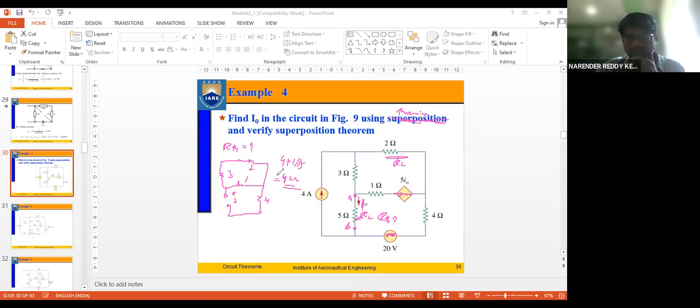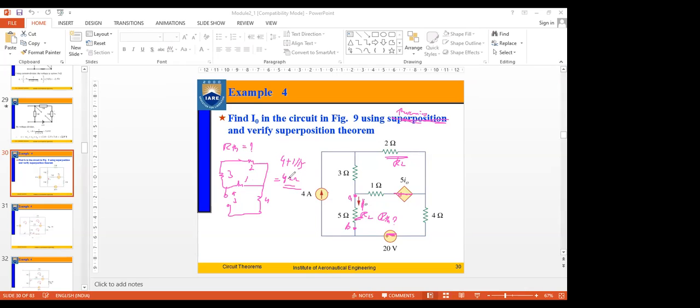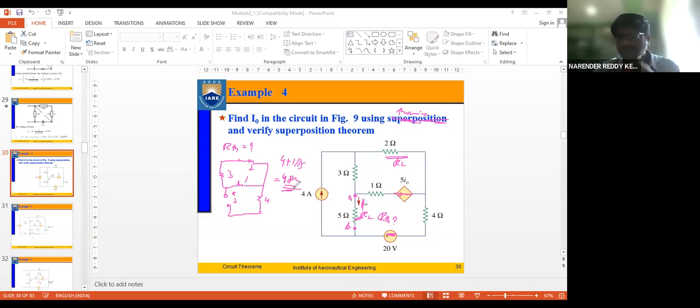What is the equivalent of this RTH? Is that okay? It was 5 by 6, right? So it will not be 0.2. What is the value you have? 4.8, sir. 4.8, right? So we got the value of RTH directly, but we were having a problem with VTH, right?